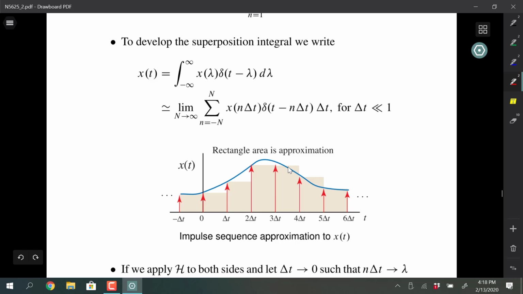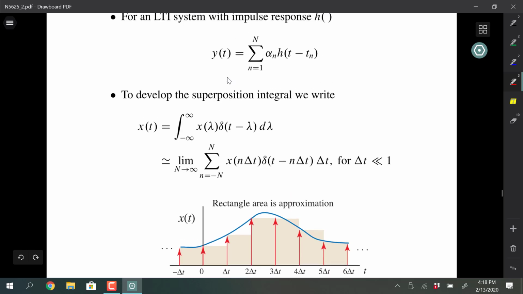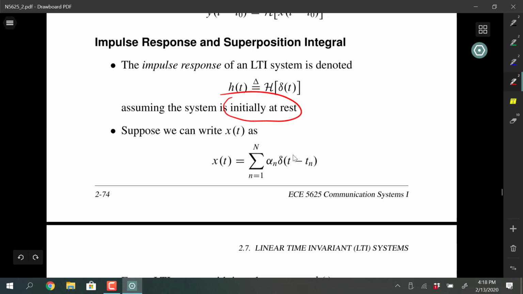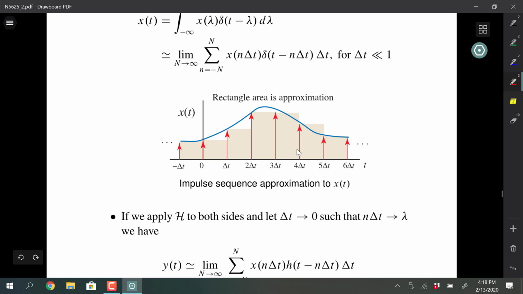We're going to use delta functions to approximate the waveform at a finite number of places, and then just suppose that it's held as a rectangle over that interval, and then we'll integrate x of lambda replaced by its delta function approximation, this series up over here.